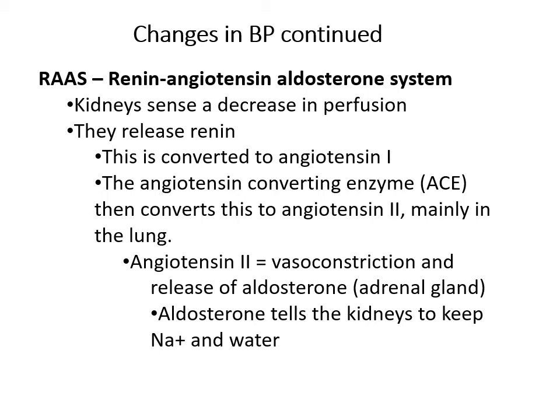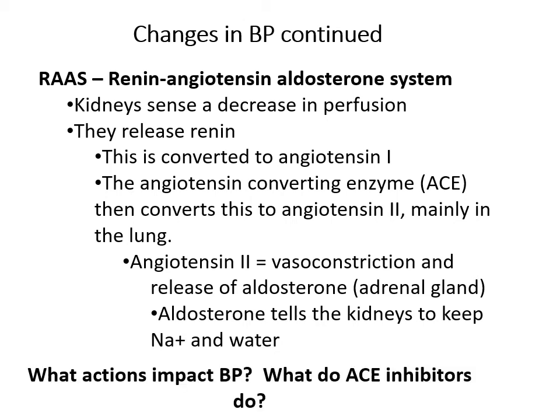So this is another system, the renin-angiotensin-aldosterone system. And this system is also activated in the setting of a low blood pressure. The system will, in the end, produce angiotensin II. And angiotensin II, remember, the reason why this system was activated was low blood pressure.